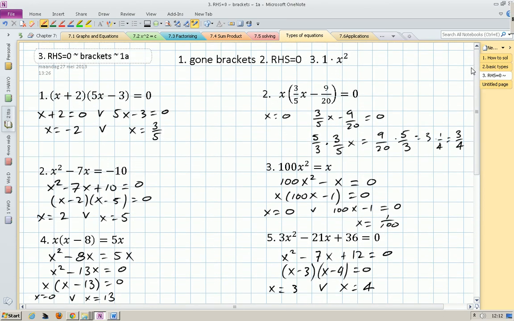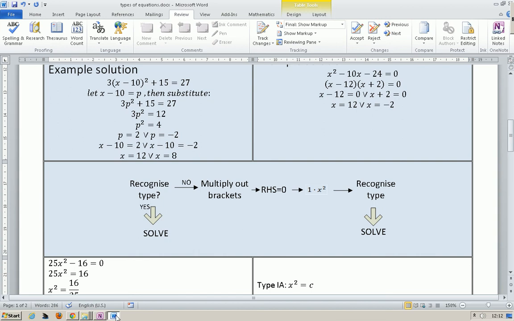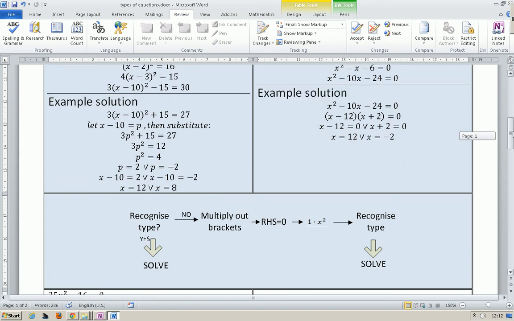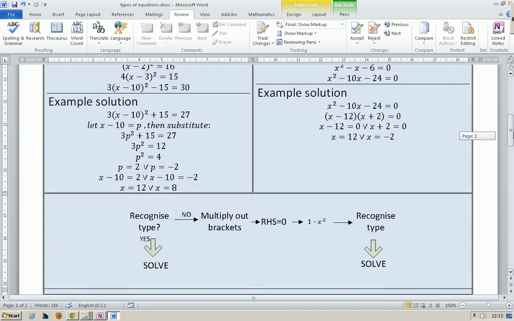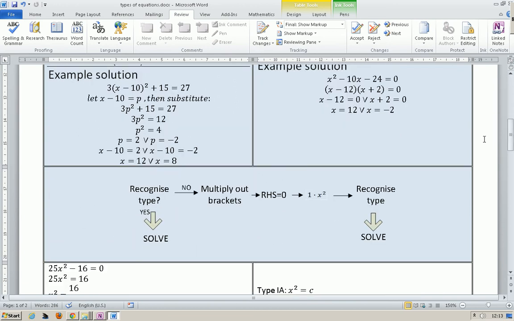So the general steps, the best way to read it is from here. The process is you recognize the type. If you're able to, you just solve it in the way that we've learned in these 4 types of ways of working. If you're not able to see which type it is, you look for brackets and multiply them out if they're there.